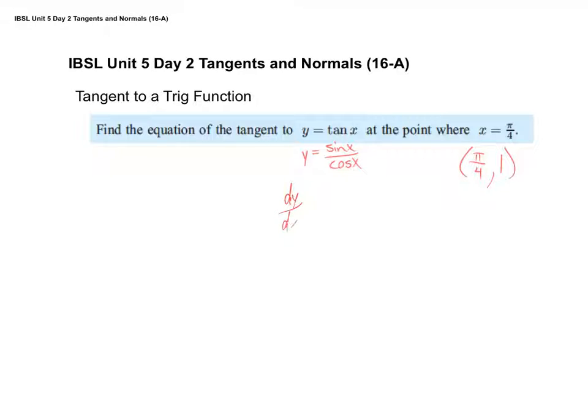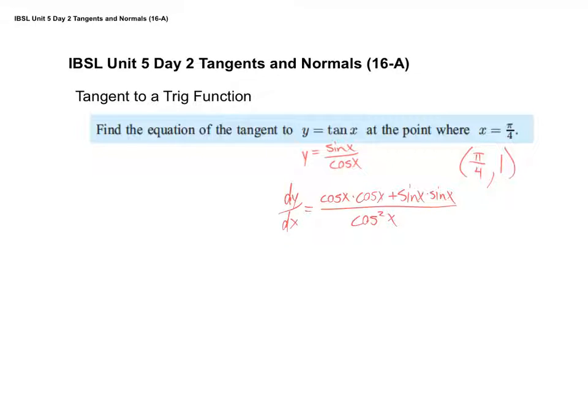And you guys know that the derivative of the top is cosine times the bottom is another cosine minus the top times the derivative of the bottom. Derivative of cosine is a negative sine. So I'm going to put the sine here. I'm going to throw the negative out in front, so now it's plus. And that's all over cosine squared.